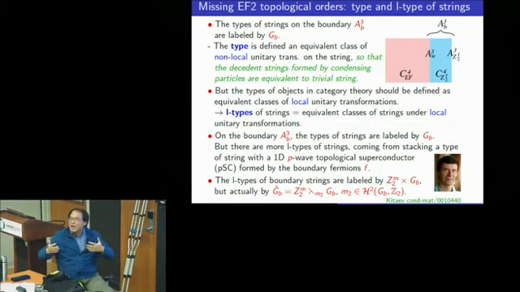And sometimes there's an obstruction to saying which string carries this P-wave superconductor and which string doesn't. There's no way to consistently make this division, so that this class of strings has it and the other strings don't have a P-wave superconductor.